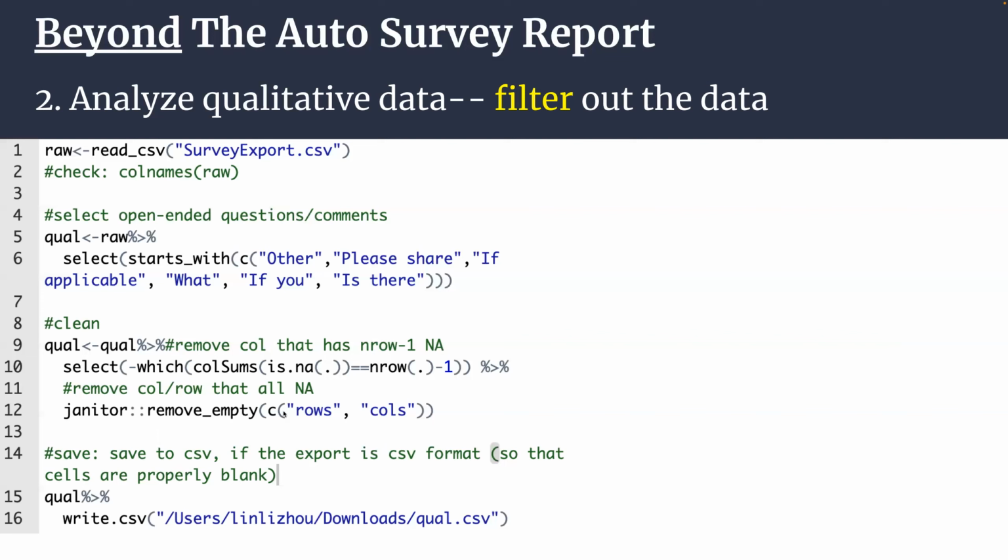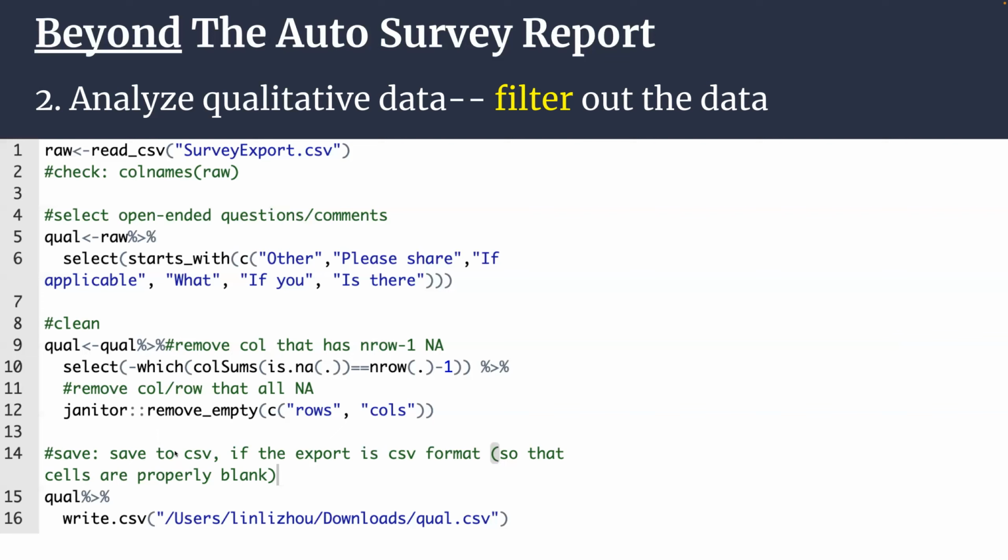If all the rows or all the columns are empty, just remove them. That's not going to be a very useful column. The other approach, like I said, allows just one NA, and if all the others are usable, we keep it. But if there's only one usable value, we remove it.